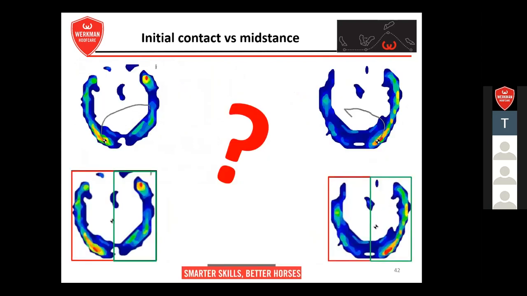And here you can see another example, where we have an extremely medial wall landing and a very even distribution during mid-stance. The question of how to treat these horses by shoeing and trimming, and if it makes sense to force a flat landing in these horses, will be explained in the next webinar, so in December.